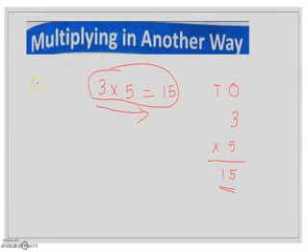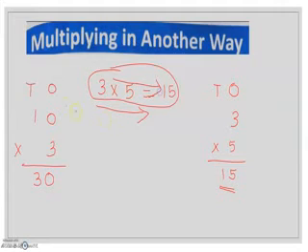Similarly, we can write it for any number multiplication. That is, 10 into 3. If we multiply any number with 10, we just have to write a 0 with that number. 30. So we can write the multiplication, instead of in the horizontal way, in a vertical way.